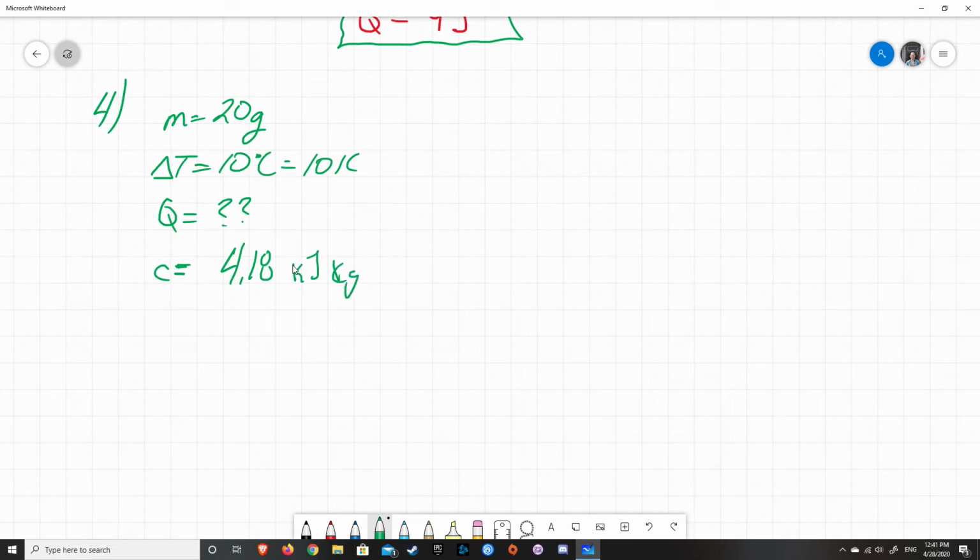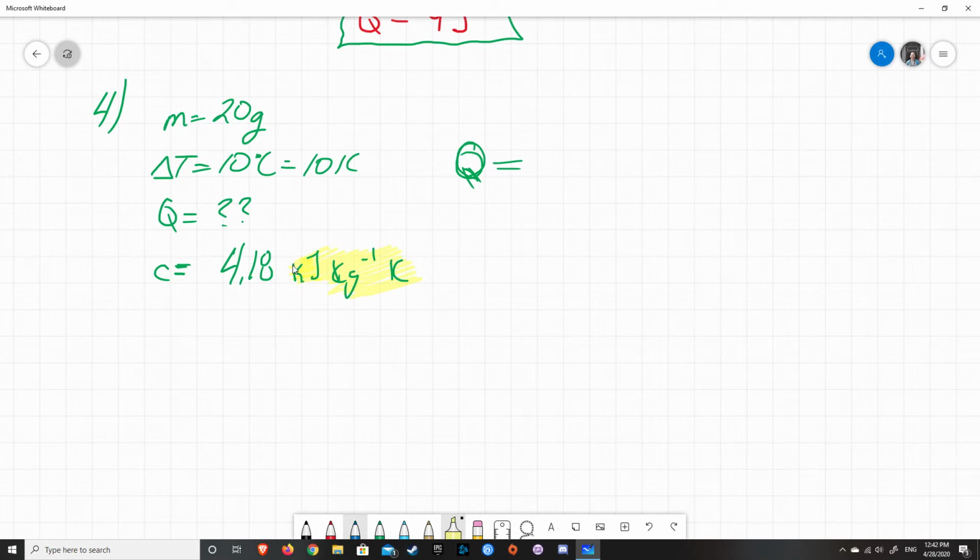Kilojoules, kilogram Kelvin. So what we have to do is we need to know Q, right? So Q is equal to, and this is what I said, right? Always look at your units. They want Q to be in kilojoules, so we need to use this one because we need to have final kilojoules.